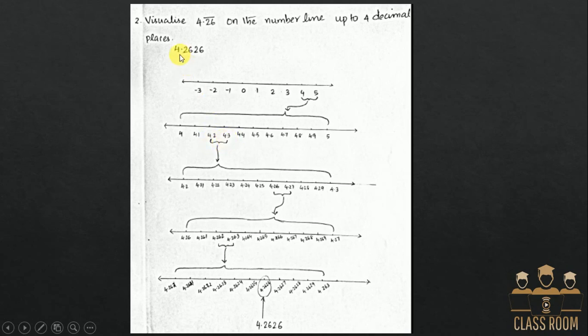That is, 4.26 will be between 4.2 and 4.3. Again we are magnifying 4.2 and 4.3. So we get 4.21, 4.22, 4.23, 4.24, 4.25, 4.26, 4.27, 4.28, 4.29 and 4.3.